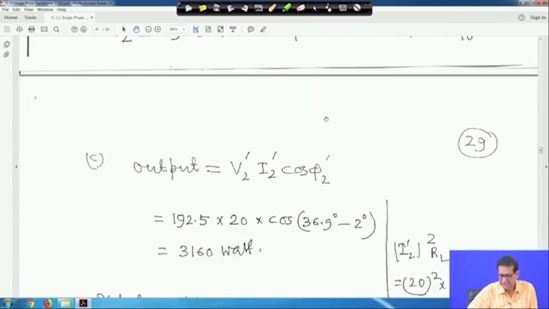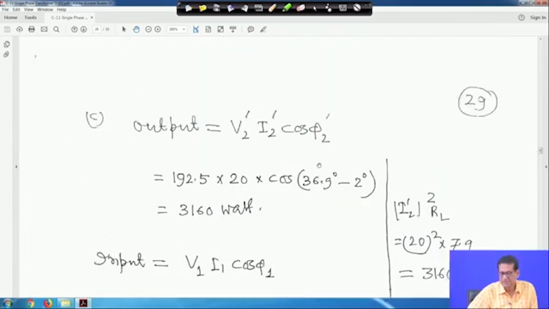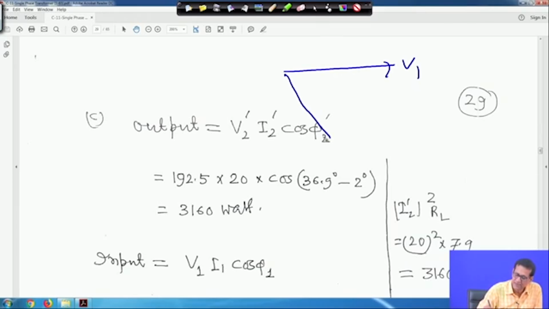So in this case it will be the difference only, both are lagging. If you take this as my V1 reference, one angle is 36.9 degree and another angle is 2 degree.